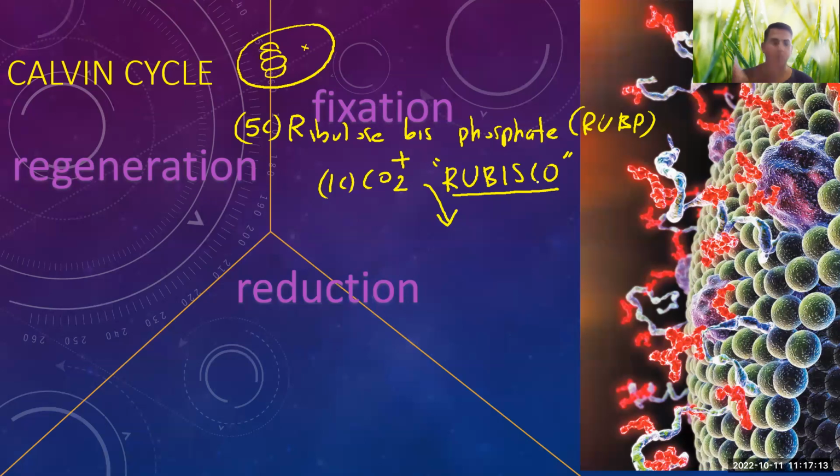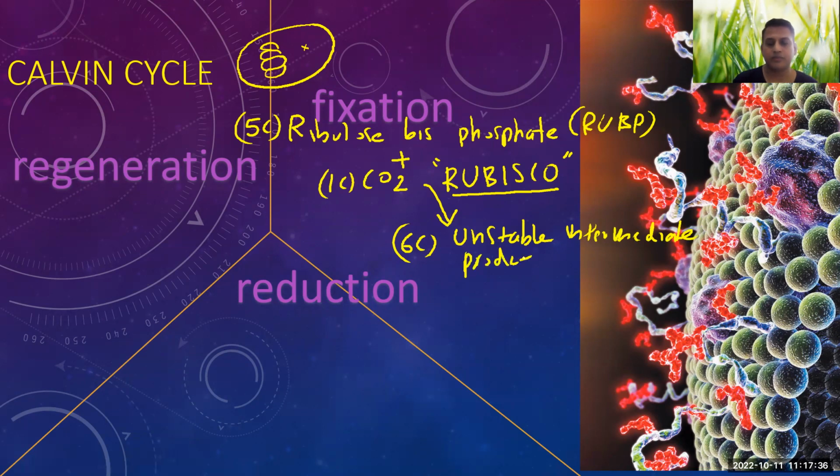Now this 5 carbon and 1 carbon joined together make a 6 carbon compound, and this 6 carbon compound has no name. We just write it's an unstable intermediate product.